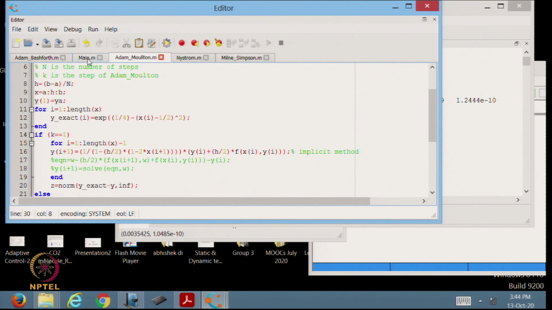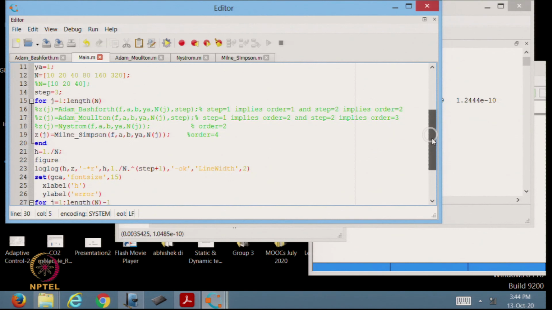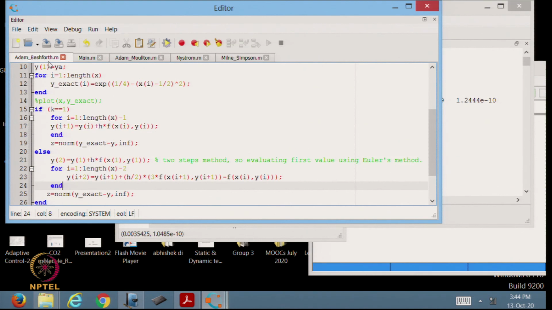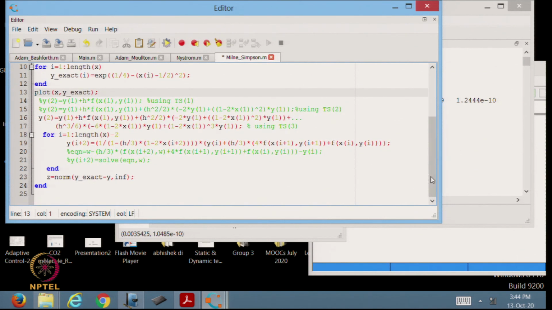Now, if you want to see how the exact solution and numerical solution look, in that case I will suggest you type this command. So, basically plot, I am plotting the exact solution, and let me also plot the numerical solution here.